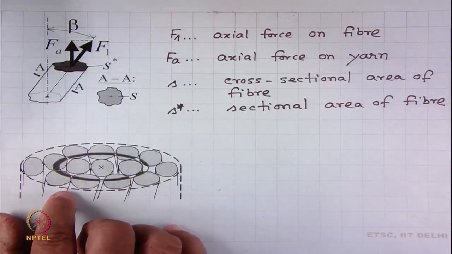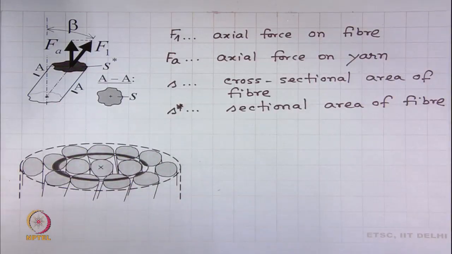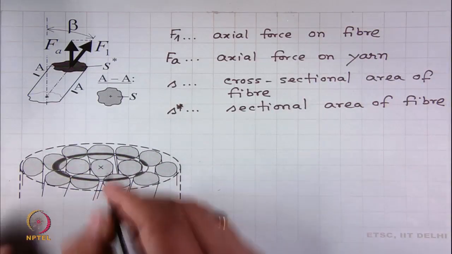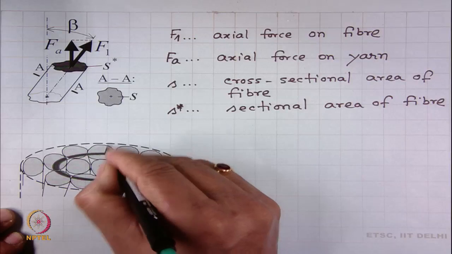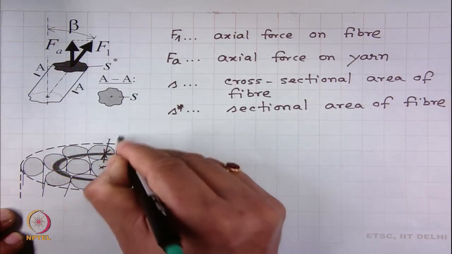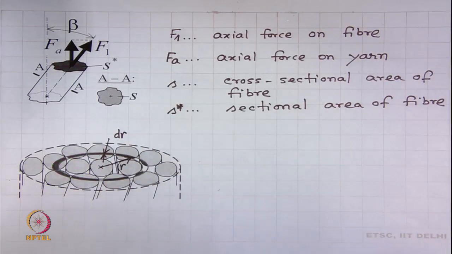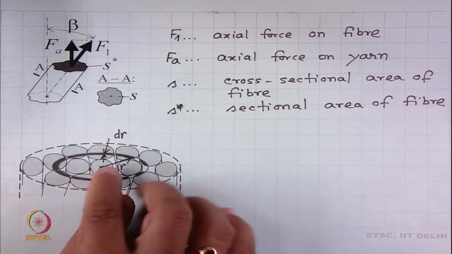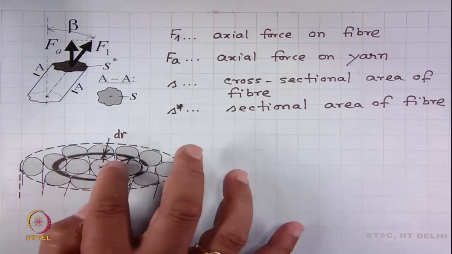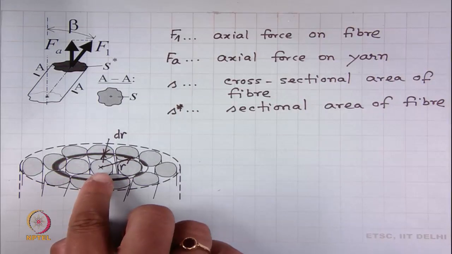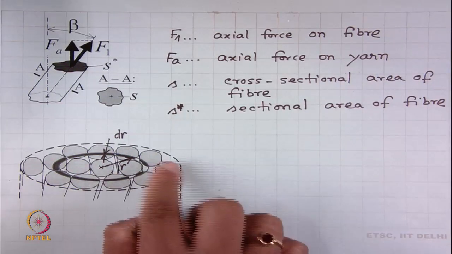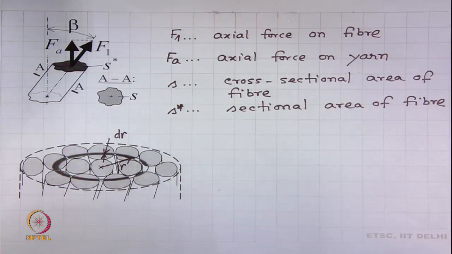We consider an annular ring situated at a radius r and whose thickness is dr. If we find the force on fibers in this annular ring, then if we integrate that expression from 0 to d by 2, we will obtain the total force developed in the yarn.